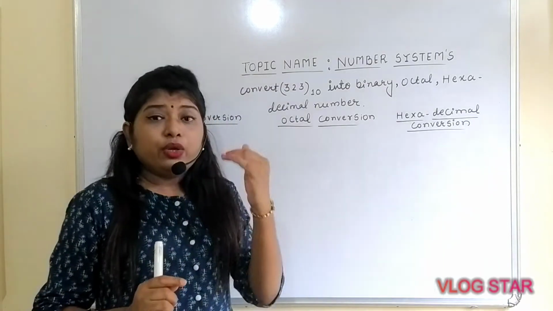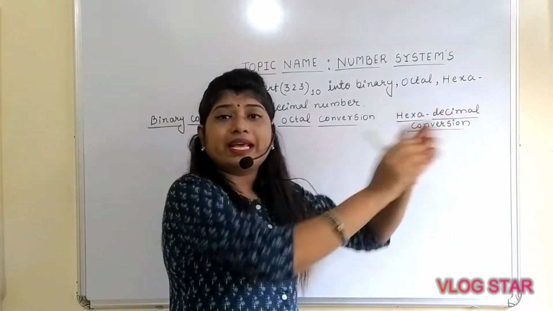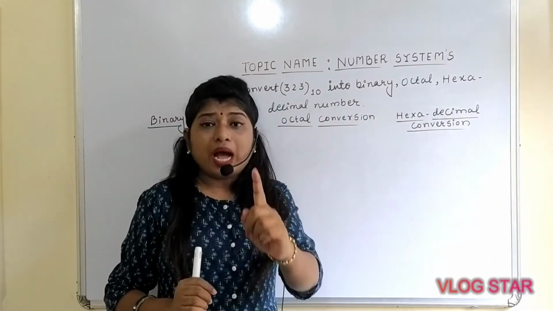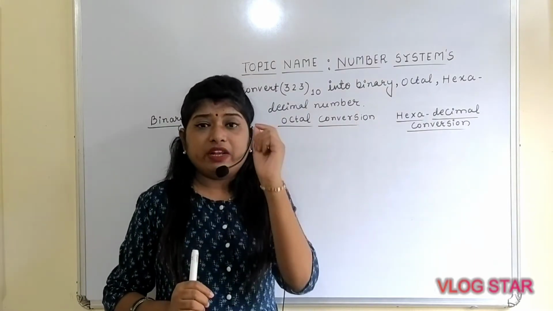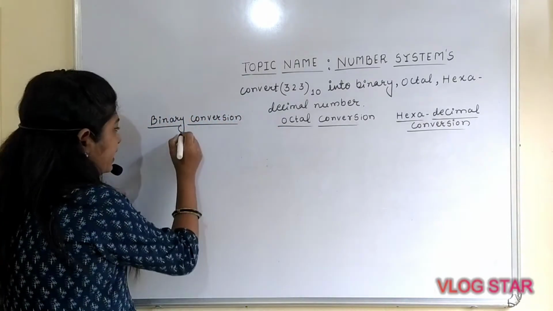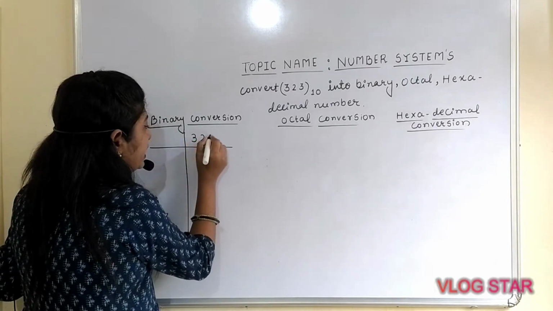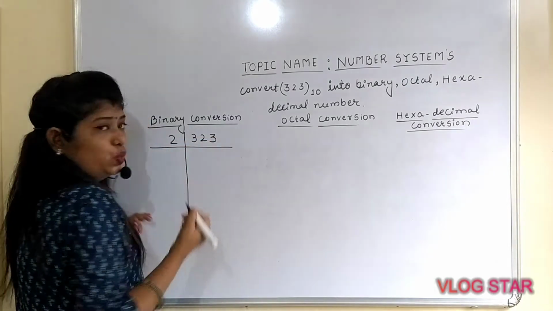So whenever you need to convert decimal number into binary, octal or hexadecimal number, just remember, you have to divide that particular number by its base. So it means that here you have to divide 323 by 2.